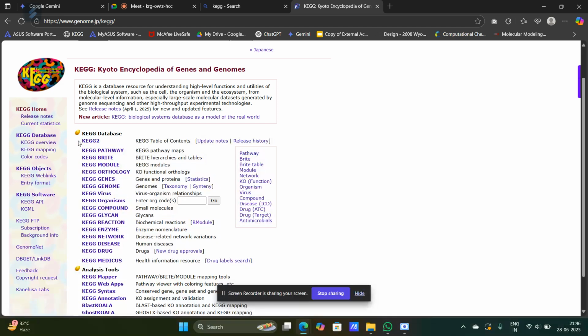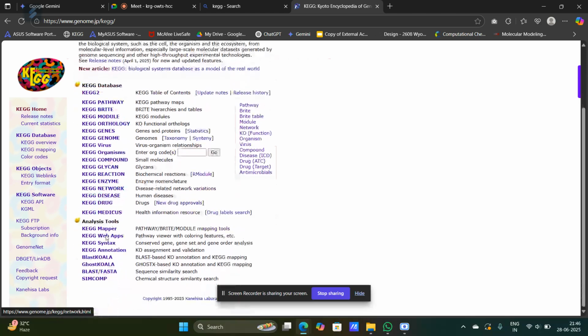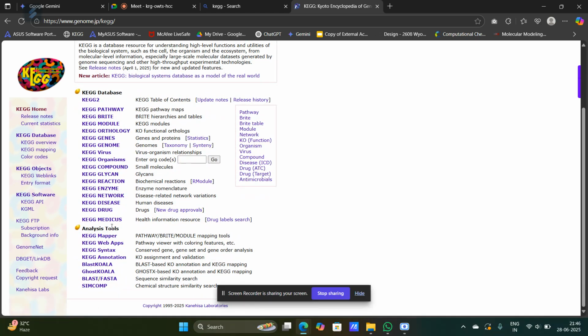If you can see the screen, there is KEGG Pathway, KEGG BRITE, KEGG Module, KEGG Orthology, genes, genome, virus, organisms, compound, glycan, reaction, enzyme, network, disease, drug. So there are a lot of databases, and also some analysis tools from KEGG Mapper to SimComp.